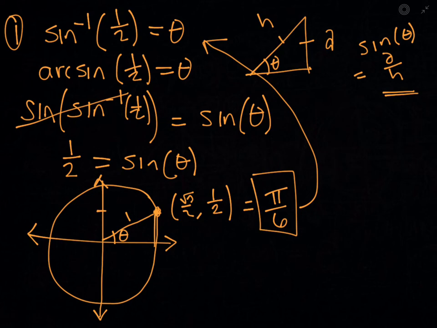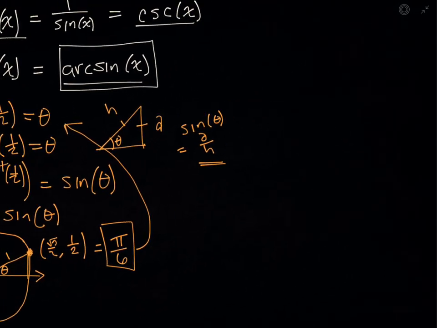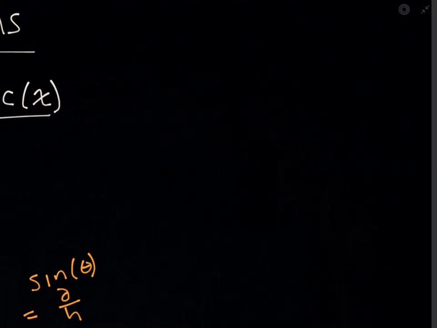And we're left with 1/2 equals the sine of theta. And we drew our little unit circle down here, which we obviously have memorized, of course. You can do the Pythagorean theorem, but you don't need to if you've memorized it. So it's pi over 6. Sweet, that is the first problem down.